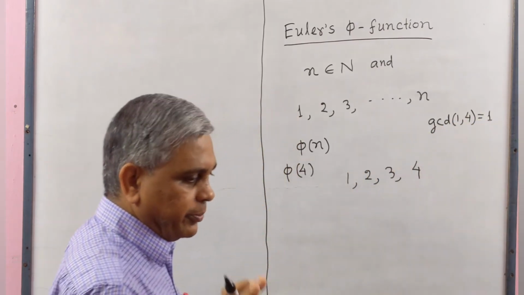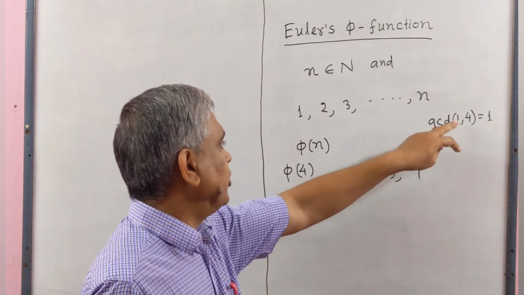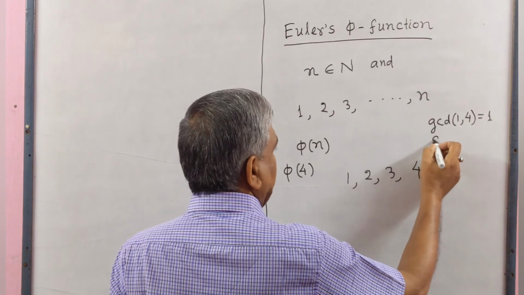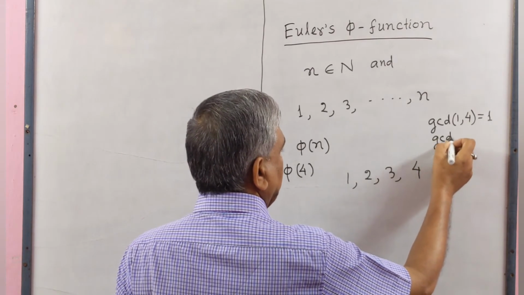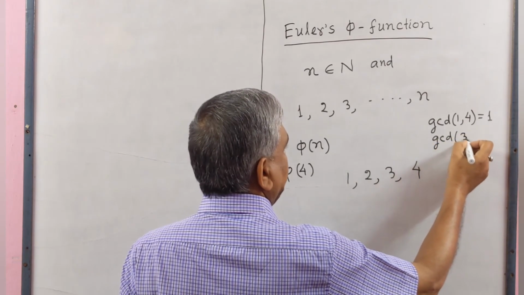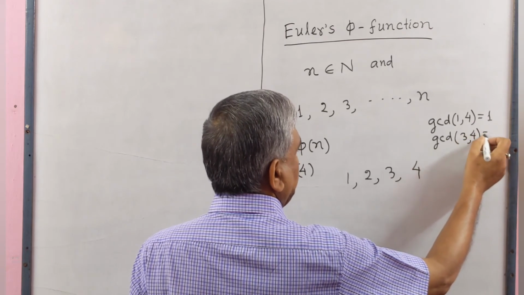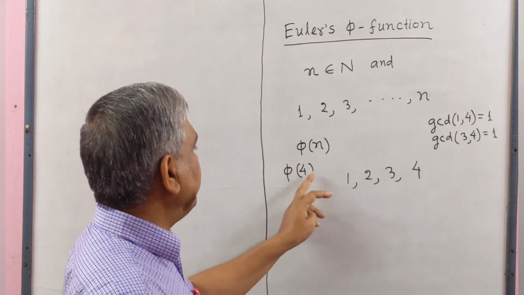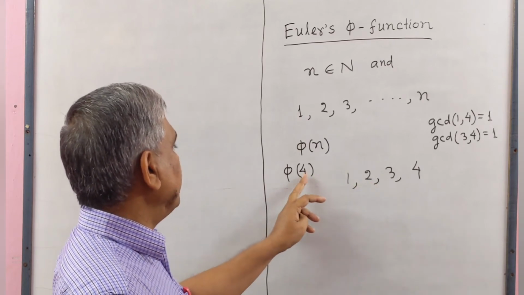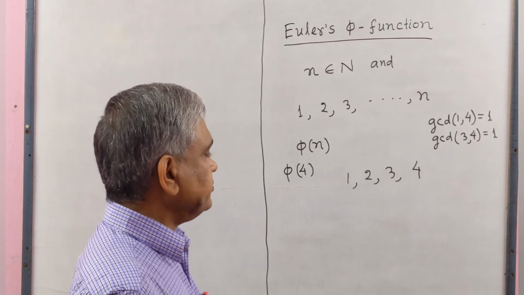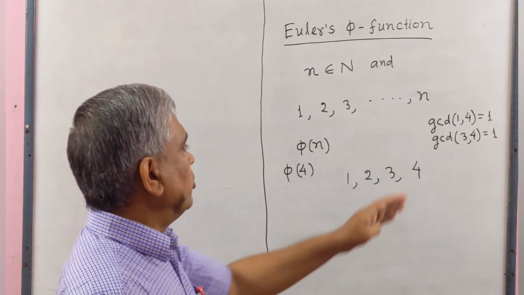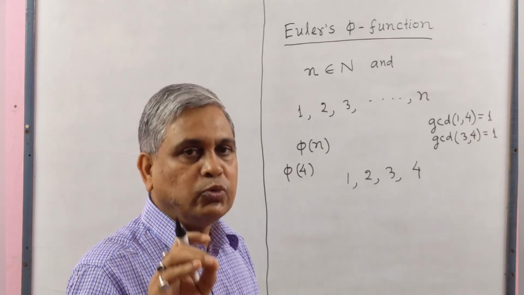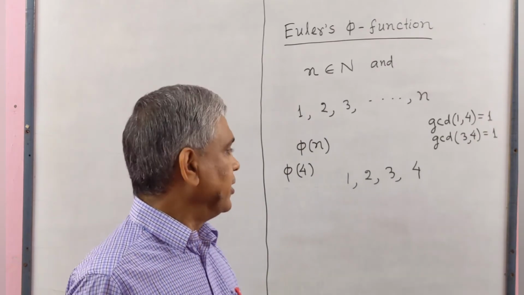GCD means HCF. HCF of 1 and 4 is 1. GCD of 3 and 4 equal to 1, and GCD of 2 and 4 be 2, GCD of 4 and 4 be 4. When we get the GCD 1, then we say that two numbers are prime to each other.